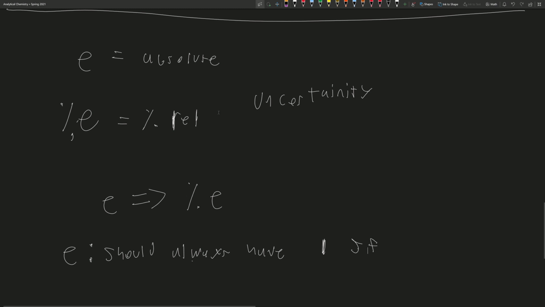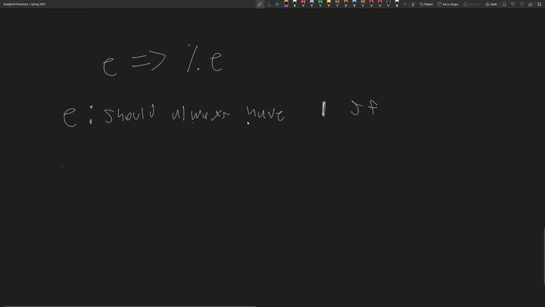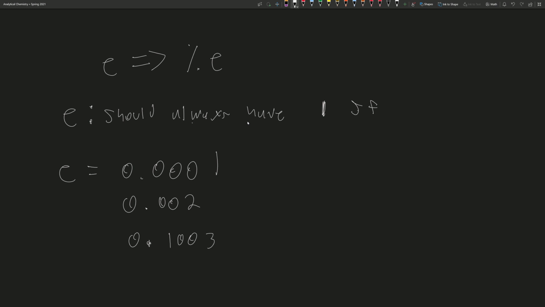So it's typically only going to have one significant figure. So if your E is equal to 0.0001 or 0.02, or 0.10003, this would be incorrect. This should be written as this, because we only want one significant figure in our uncertainty.